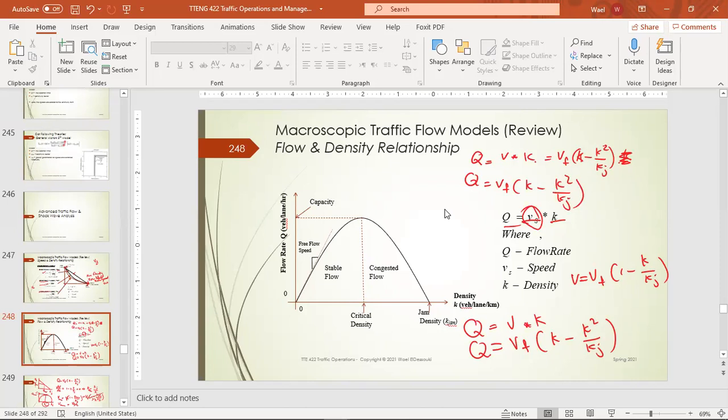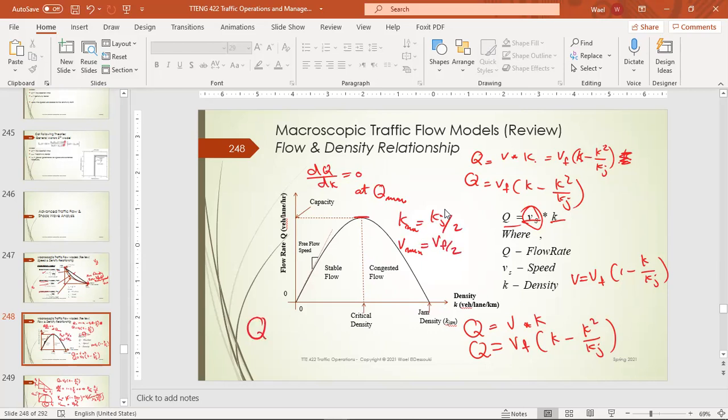So if we want to determine the maximum flow rate, then we need to find dq by dk. It must equal 0. If we solve it, we will find that at Q maximum, K corresponds to K jam over 2, and V, the speed at maximum flow rate, will be VF over 2.